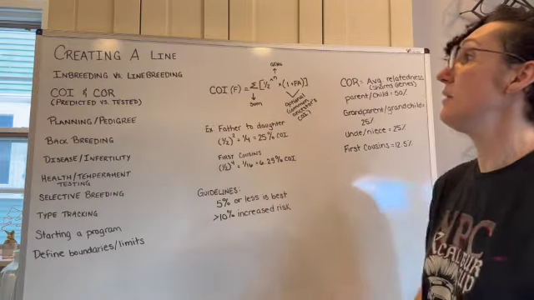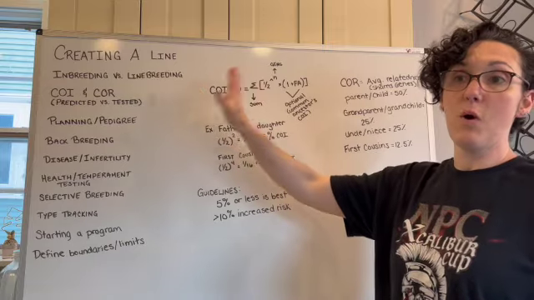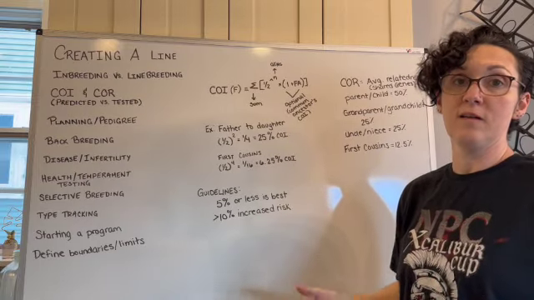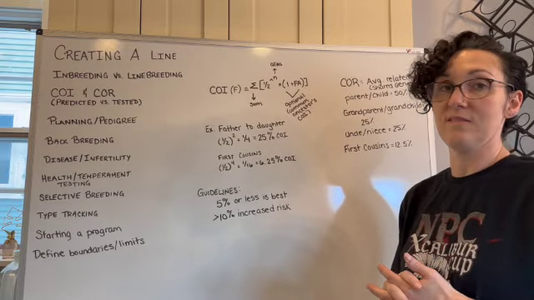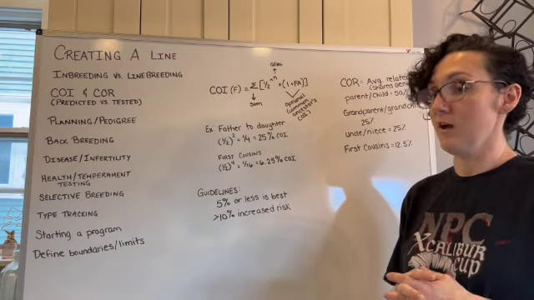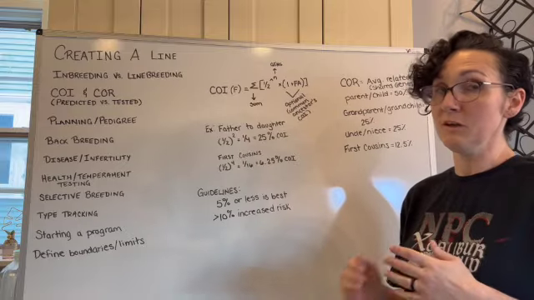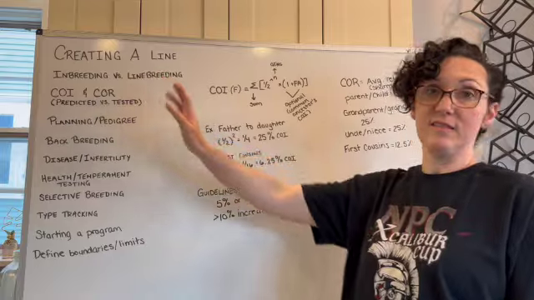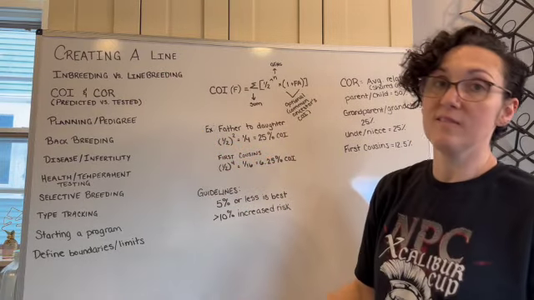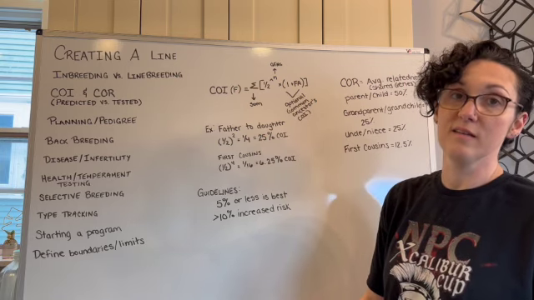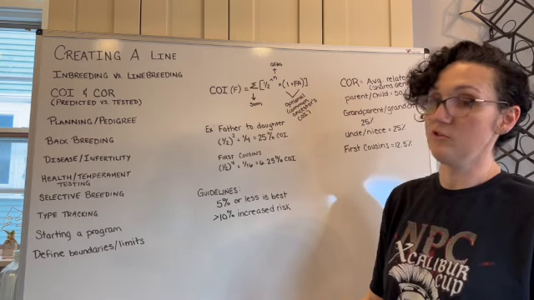So, how do we decide where our lines are? There's mathematical formulas and equations, and we could get into statistics and all that kind of stuff, but we can break it down pretty easily. So we have COI and COR. COI is coefficient of inbreeding. COR is coefficient of relationship.